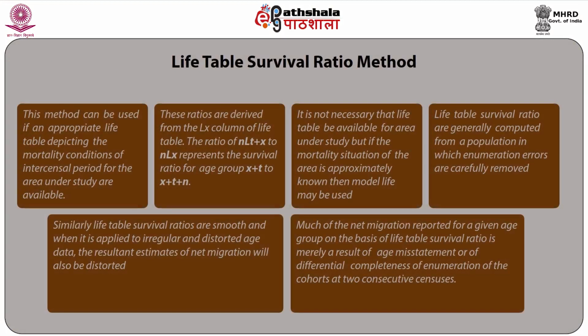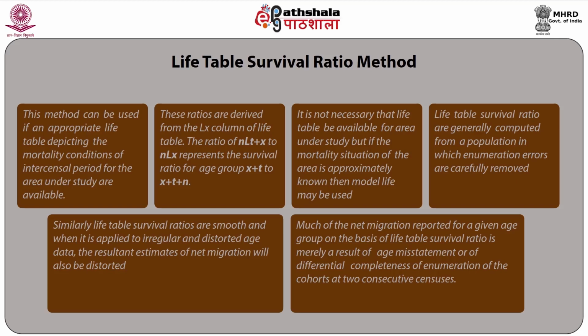This method can be used if an appropriate life table depicting the mortality conditions of the intercensal period for the area under study is available. These ratios are derived from the Lx column of the life table. The ratio of nL(t+x) to nLx represents the survival ratio of age group x+t to x+t+n.